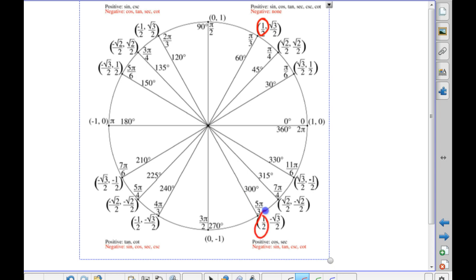And 5 pi over 3. We can write that, or we can do a little bit of a shortcut. We could go 60 this way or 60 this way. So that would be a positive pi over 3 or a negative pi over 3 if we wanted to write that.